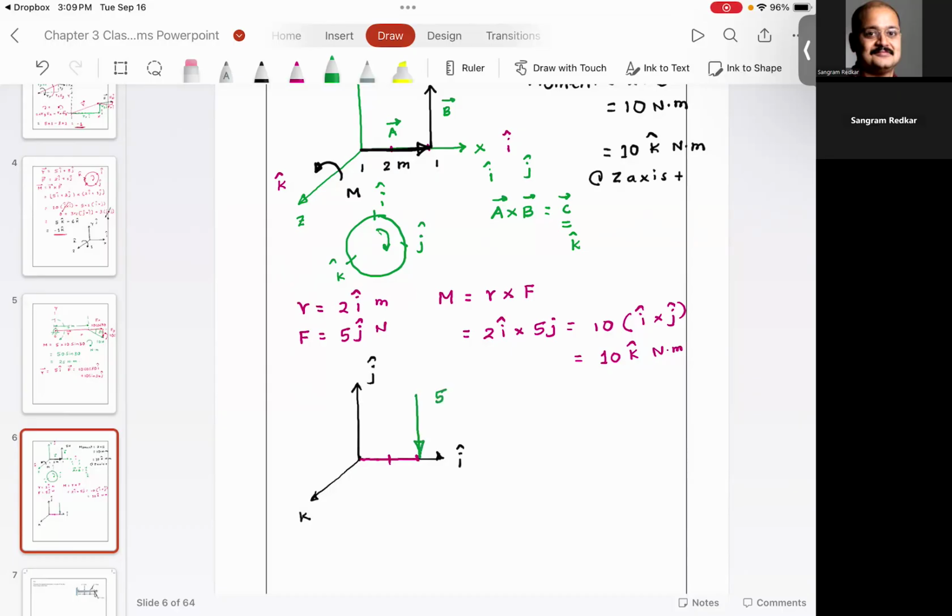So 5 is the unit of force, and 2 is the unit of distance. And always remember, now I want to show you because there is a difference here.